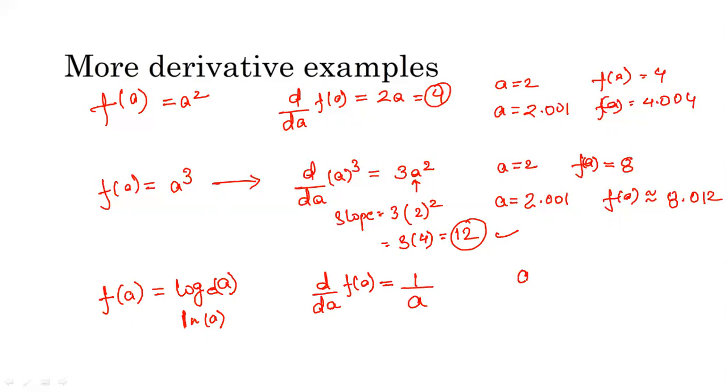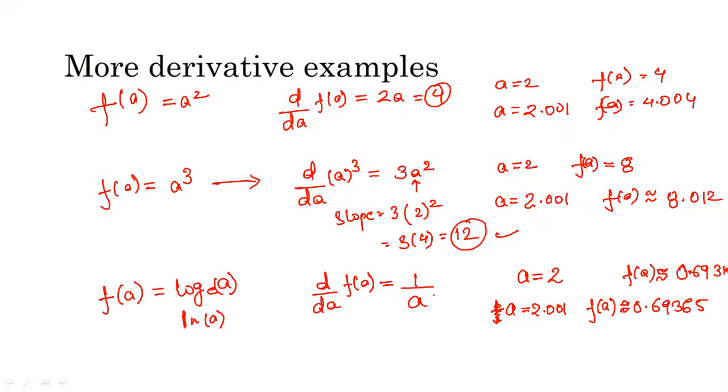Here also, if I take the initial value as a equal to 2, then f of a would be log of 2 to the base e, and that would come out to be 0.69315. This is an approximate value. And if I make a small increment to this value, suppose a equal to 2.001, then f of a would be approximately 0.69365.